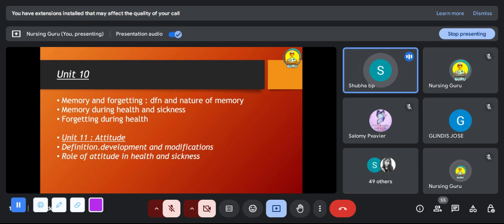And memory during health and sickness is the same thing. When your health condition is good, the memory will be good, and when you have a bad health condition, your memory power will be less compared to that. The next topic is forgetting during health.